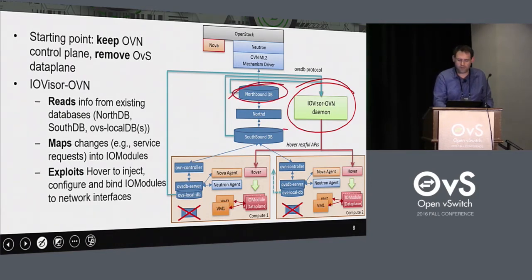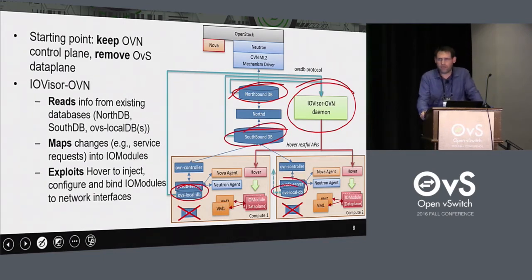So the northbound DB, the southbound DB, and all the local DBs on the single hypervisor, the one handled by OVS. So we added this module that is in sync with all the databases, which means that as soon as the information in the database changes, the IOVisor OVN daemon gets notified, and it can implement the same type of action that has been required, but not with the previous logic based on flow rules and so on, but right now with IO modules.